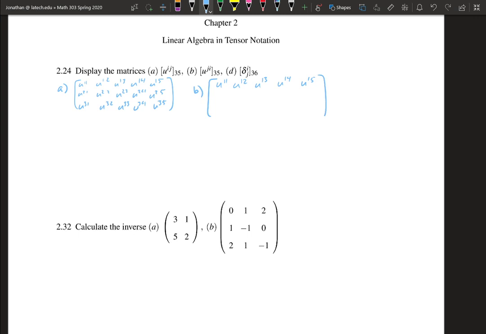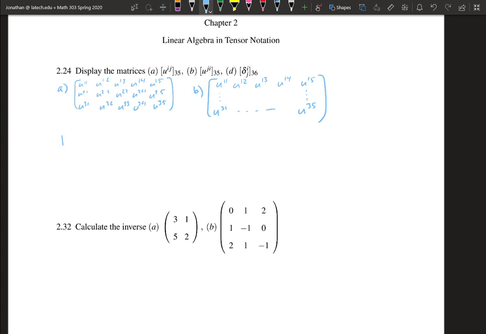So it's really just the same matrix, and U31 up all the way out to U35 up. It's just saying that what you call the indices is not really important. What they represent is what's really important here.